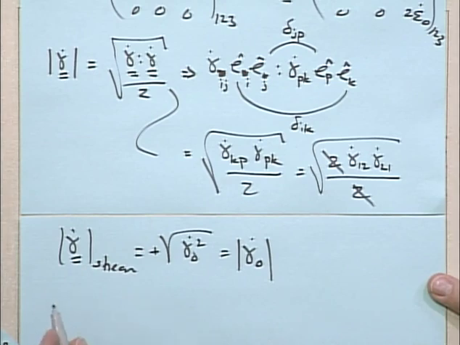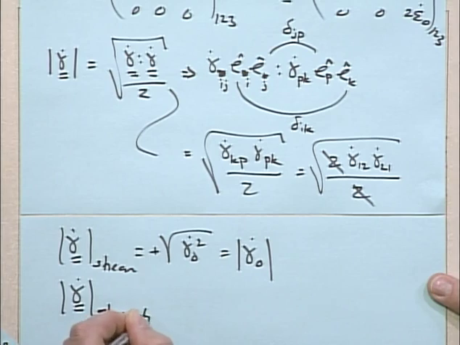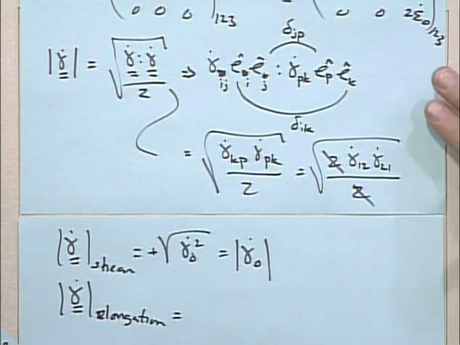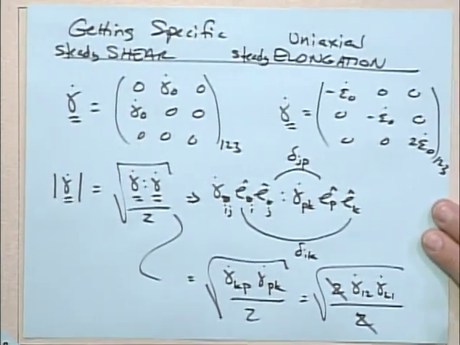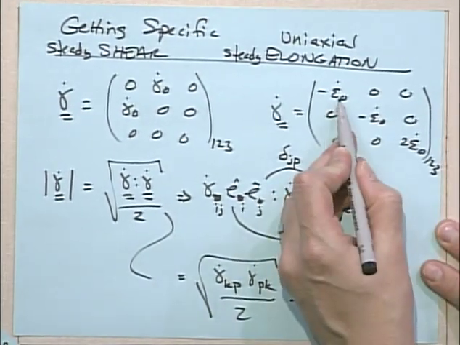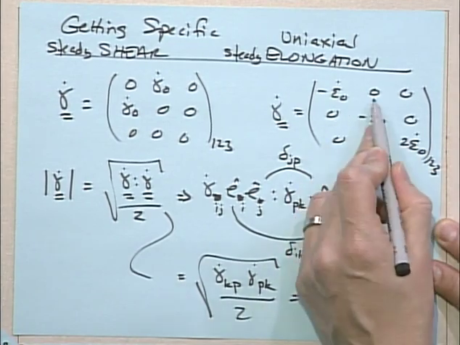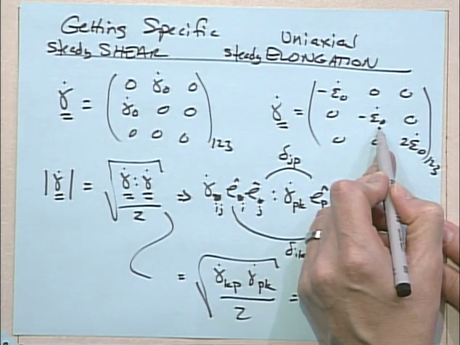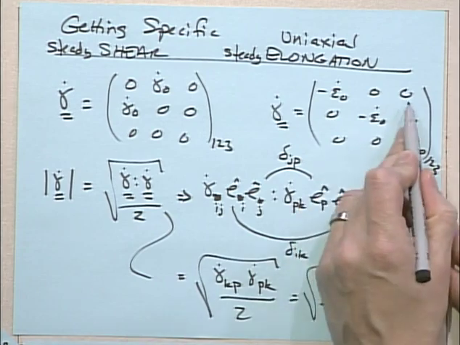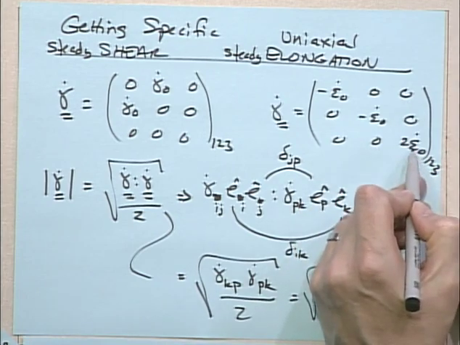We can do the same for elongation, okay? Gamma dot elongation. Okay, we've got to go back and look at that tensor. It's going to be the square of this term, this times that times that times that, the square of this term, that times that times that times that, the square of this term.